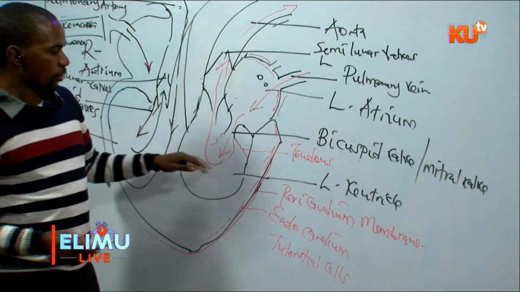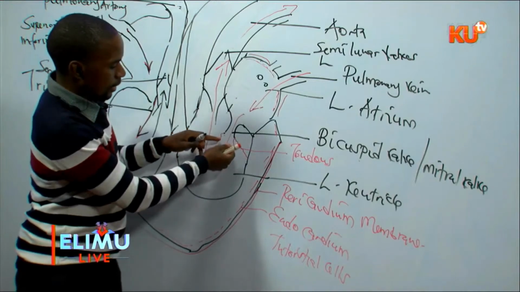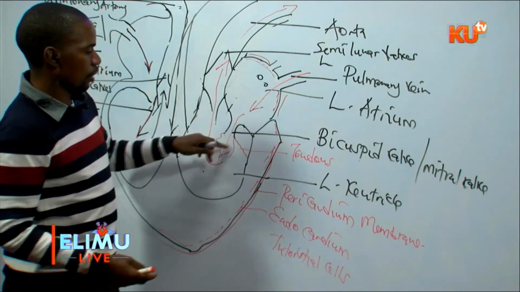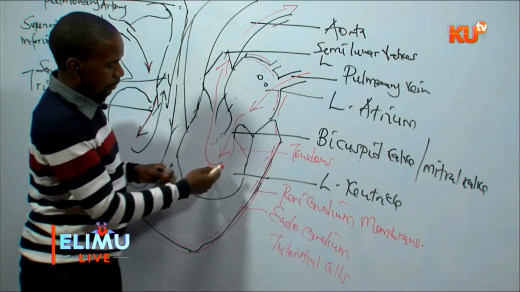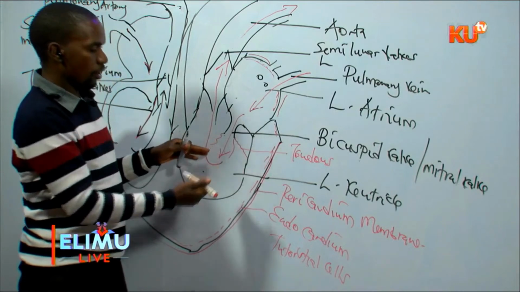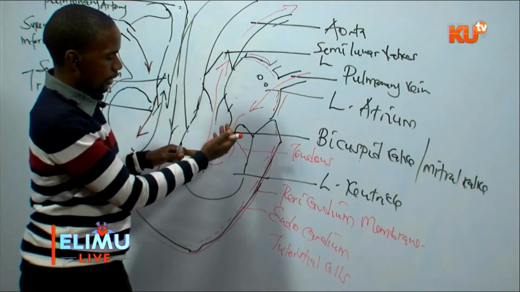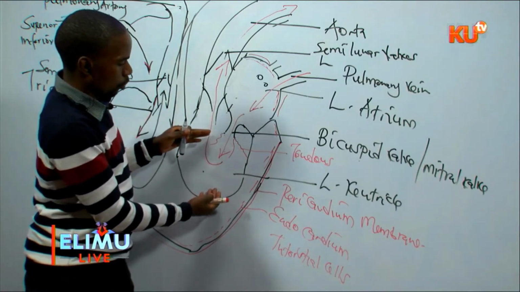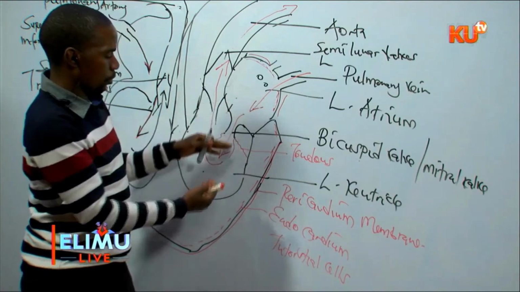Tendons will stretch to ensure that these particular valves do not turn inside out. So when the blood comes in, tendons are going to put the valves in position so that they cannot turn inside out in case blood tries to go back to where it was.